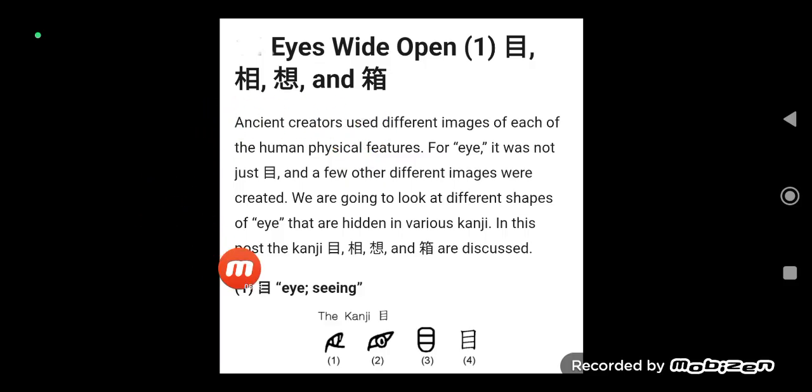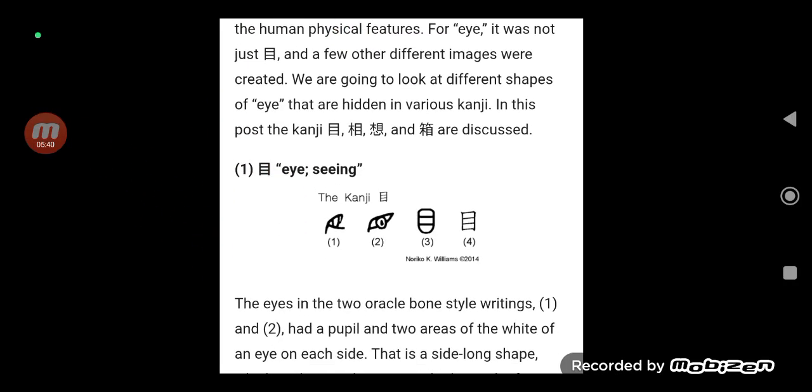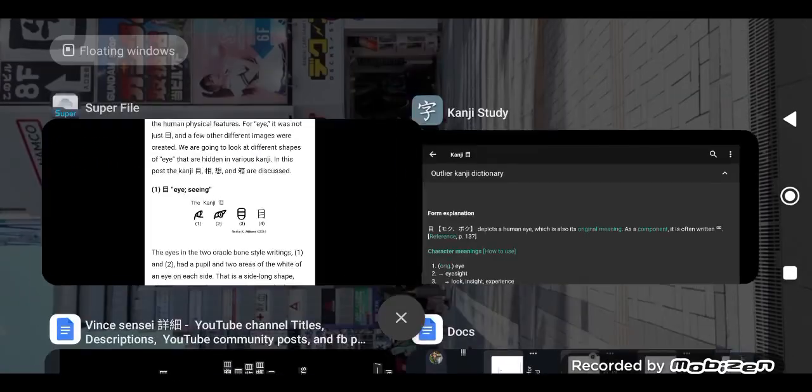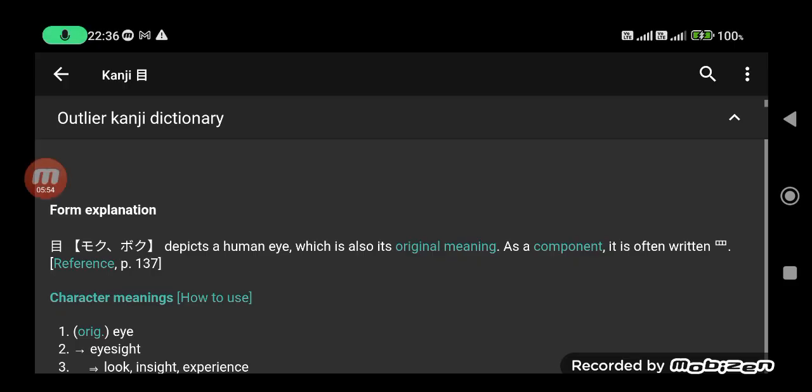You can see the evolution of the depiction from the Shang dynasty all the way to the Han dynasty. Okay, so going back to our main reference here.